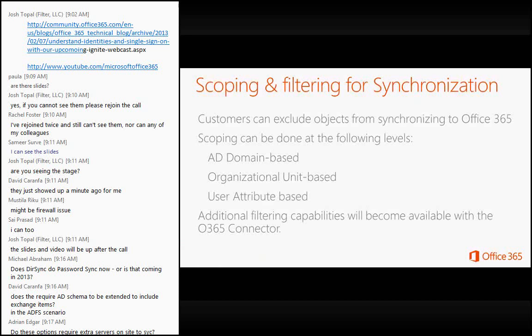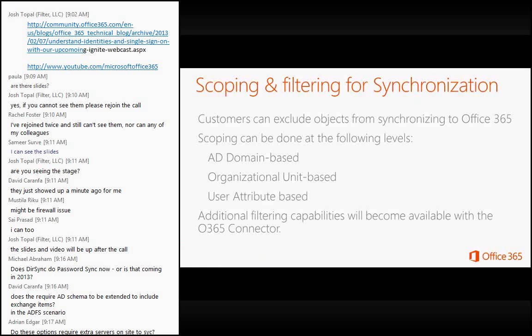This enables you to select which OUs and which domains you want to sync to the cloud, and you can also specify which objects you don't want to sync. For example, on-premises you could add a particular string into a particular attribute, so you could put no sync in extension attribute 15 for each user that you don't want to sync to the cloud, maybe a service account or something like that.